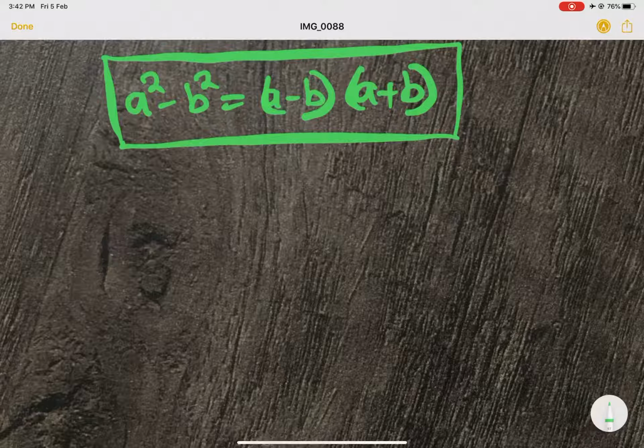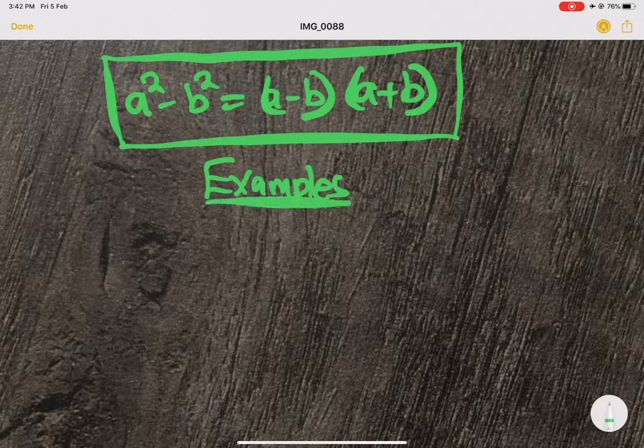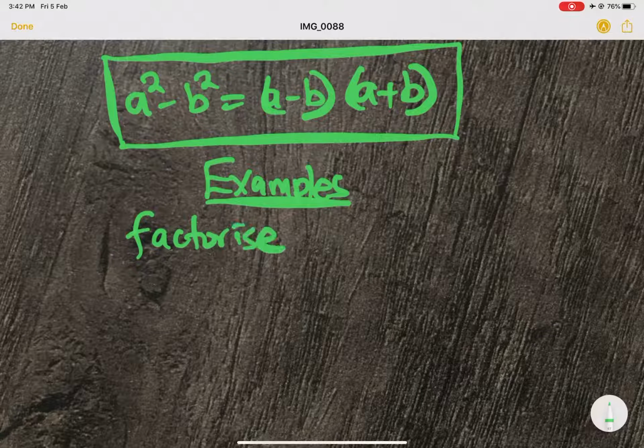Let me give you some examples. Okay, some examples. Let's say we are told to factorize number 1, x squared minus d squared.